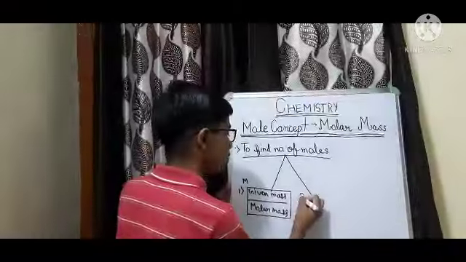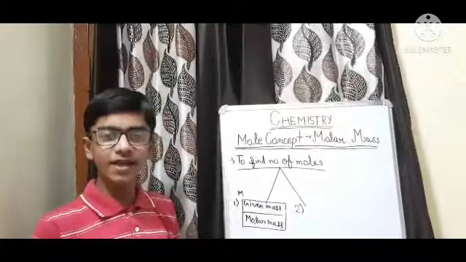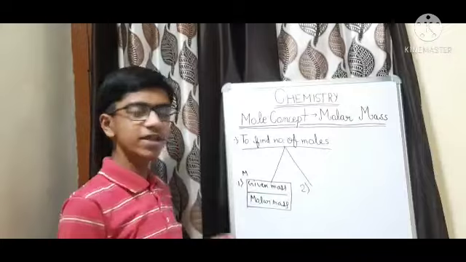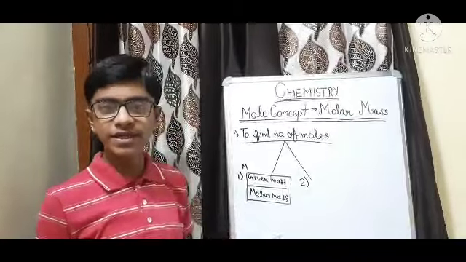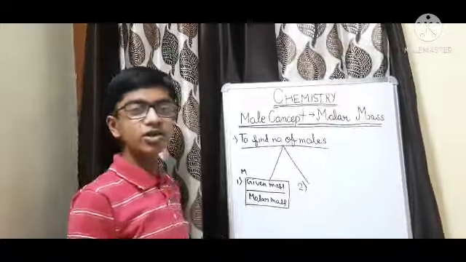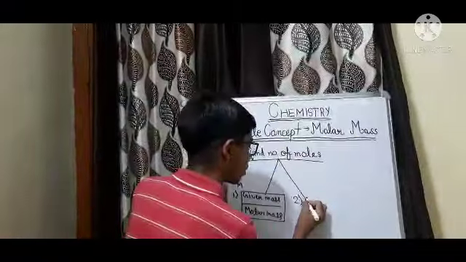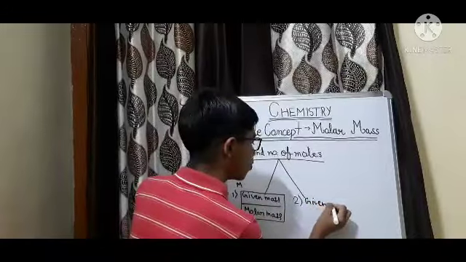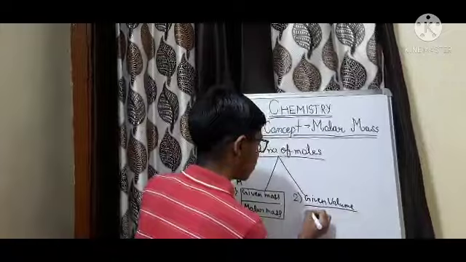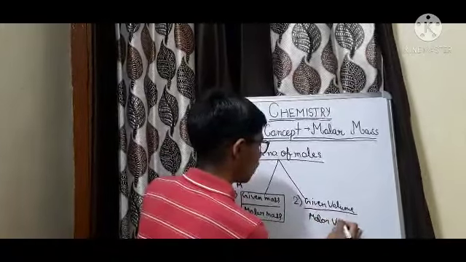And the second formula is for when the volume of any substance is given, like it is given that 11.6 liters volume of S2 is there. So what will be the number of moles in that? The formula for this will be given volume upon molar volume.